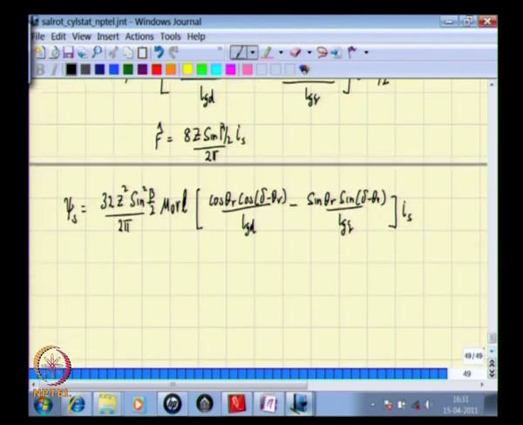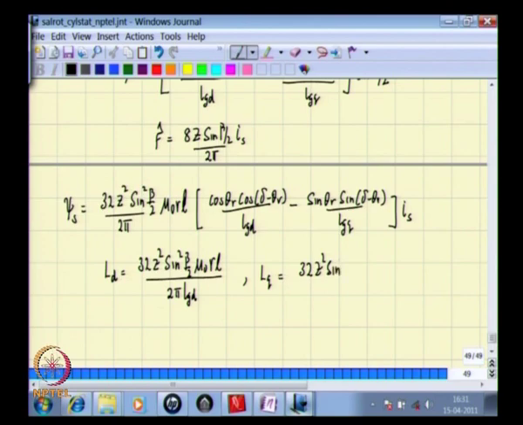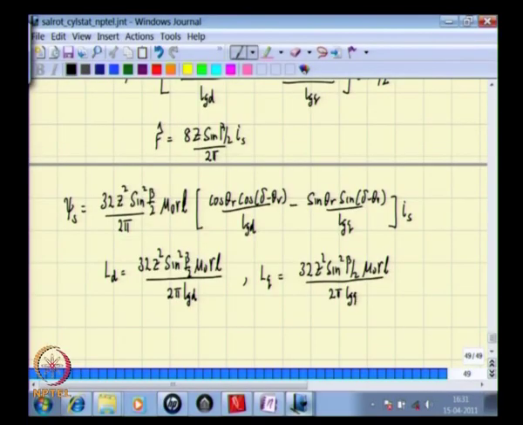Now when we did the derivation for the self inductance of a particular phase winding, we defined 2 inductance terms. One was LD, which was equal to 32 times z square sine square beta by 2 into mu naught r L divided by 2 pi into Lgd, and we defined a term LQ which was equal to 32 times z square sine square beta by 2 into mu naught r L divided by 2 pi into Lgq.